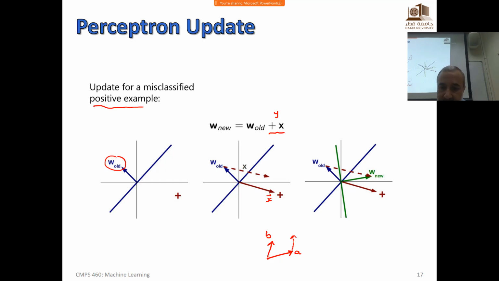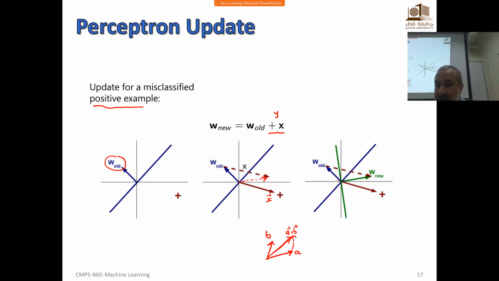And then we have A plus B. Now, that's in linear algebra. Here, we do the same thing. This is W old, and we want to add to it X. So this is X parallel to that, and then this will be W plus X, right? Which you see here in green.